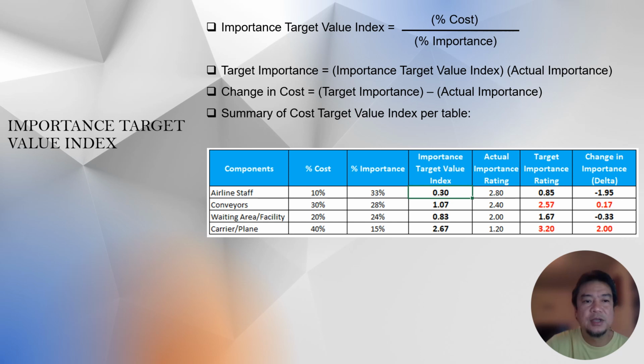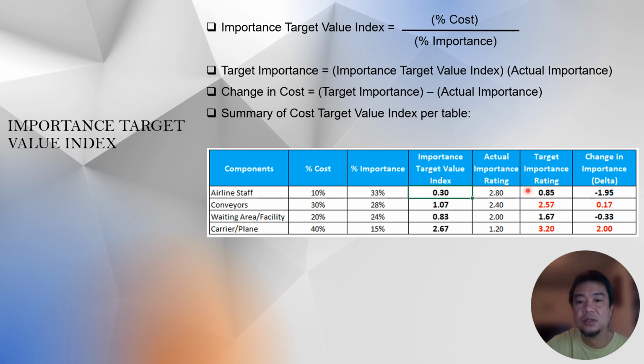To get the target value index, it is percent cost and percent importance, so percent cost divided by percent importance. The new target importance is the new target value index multiplied by the actual rating.